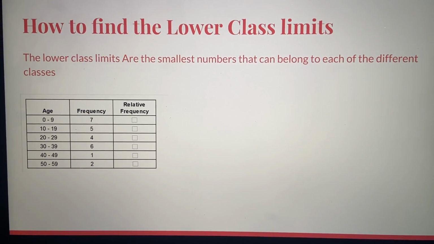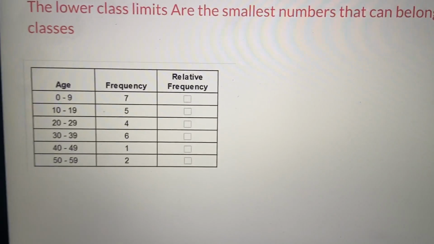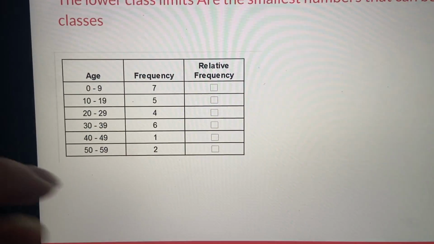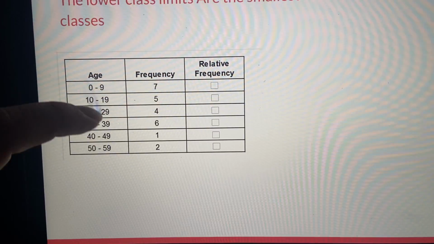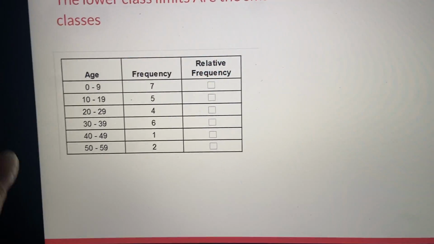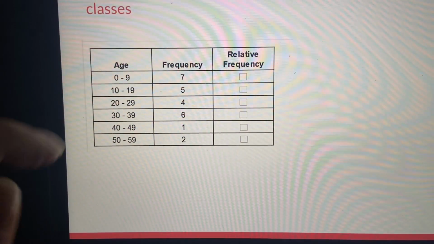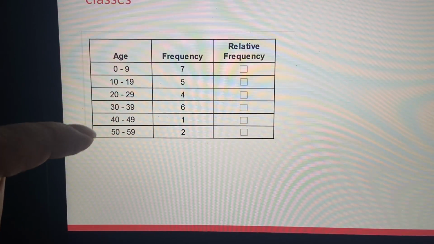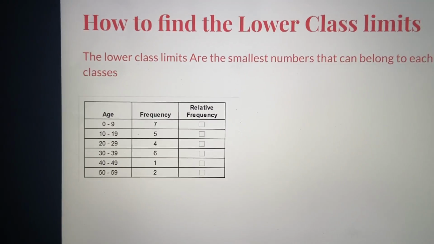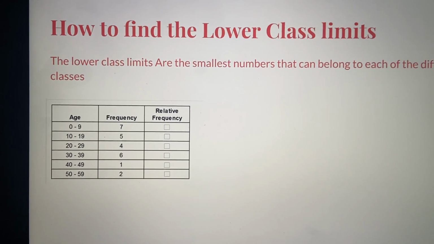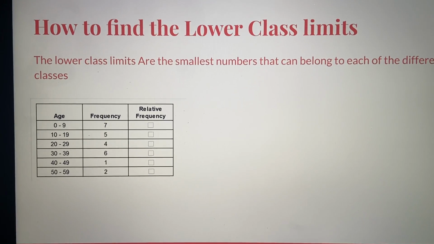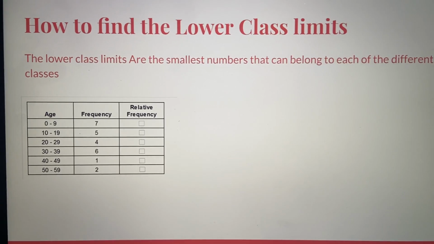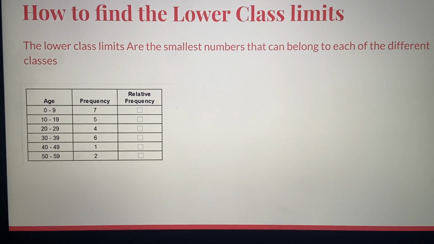To find them for this particular frequency table, you would look at this side where the age is, and you would see the smallest number of each class would be 0, 10, 20, 30, 40, and 50. Again, that's how you would find the lower class limit, basically just by looking at the smallest numbers that belong to each of the different classes.